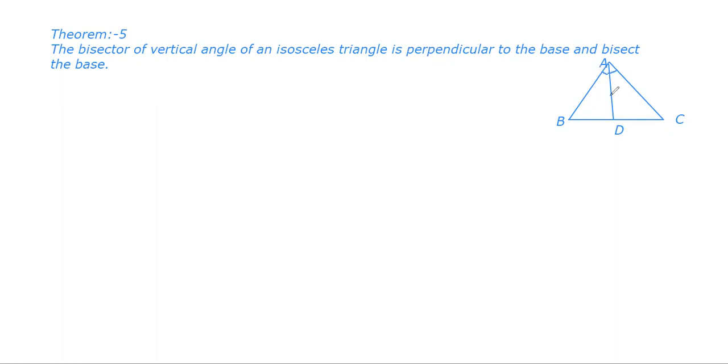This is an isosceles triangle, that is why these two sides are equal. Now we are proving AD is perpendicular to BC and BD and DC are equal.